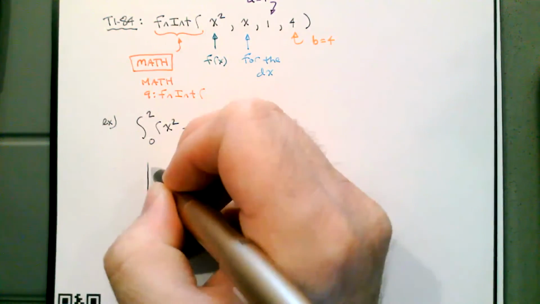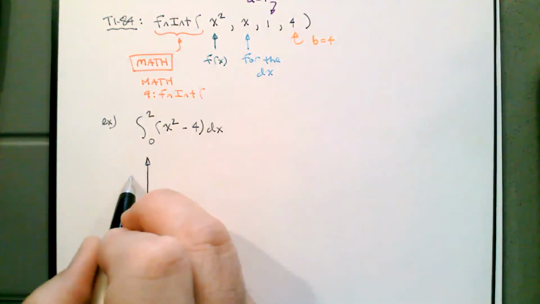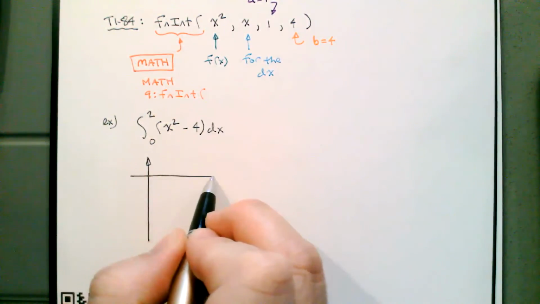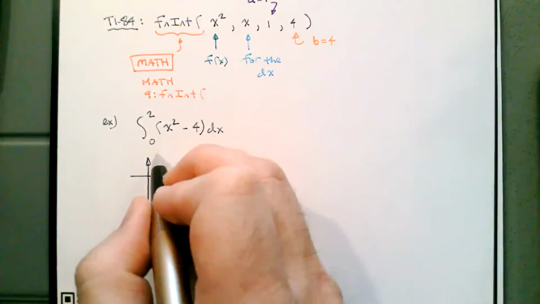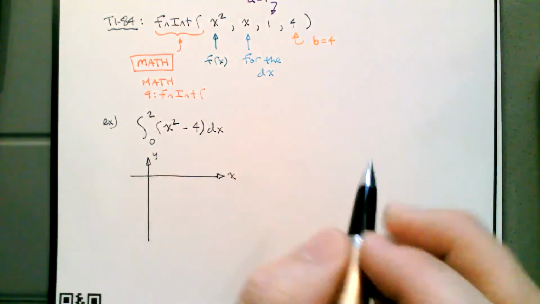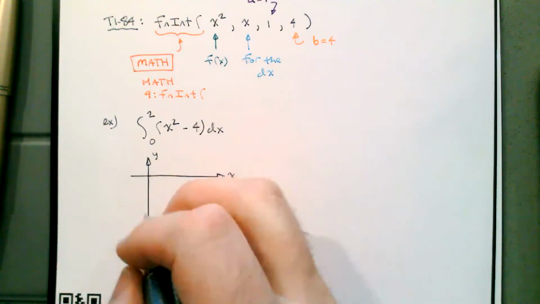If we look at the graph of this function on the interval from 0 to 2, we notice that this graph is not above the x-axis. The graph of x squared minus 4 is a parabola.